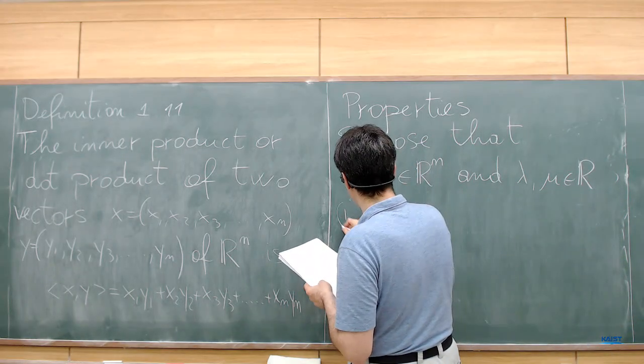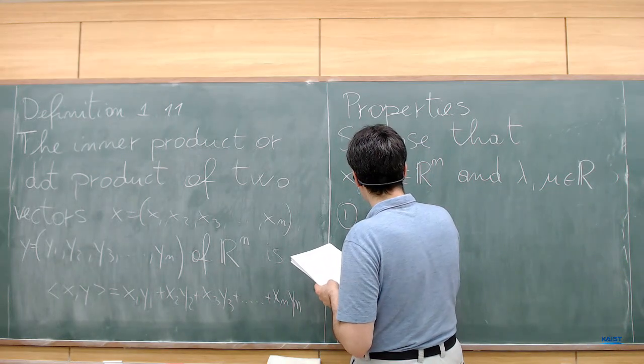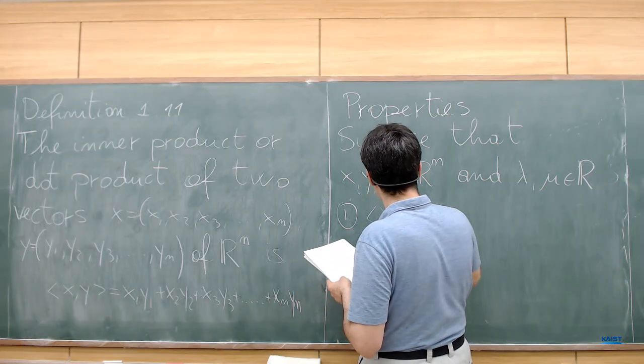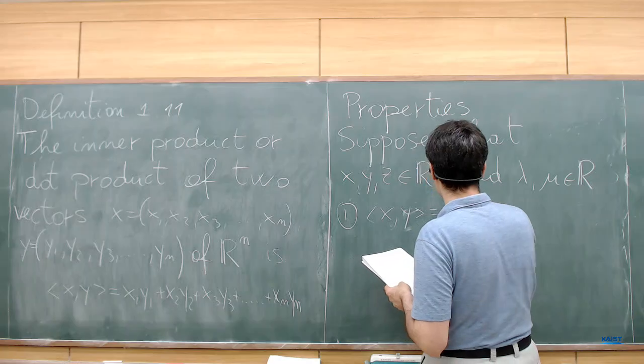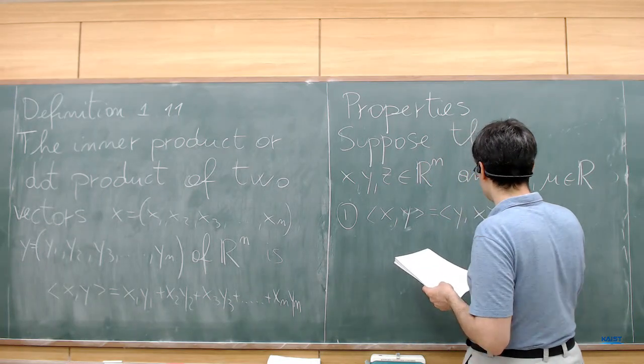Then the inner product is symmetric, so this means that the inner product of x and y coincides with the inner product of y and x.